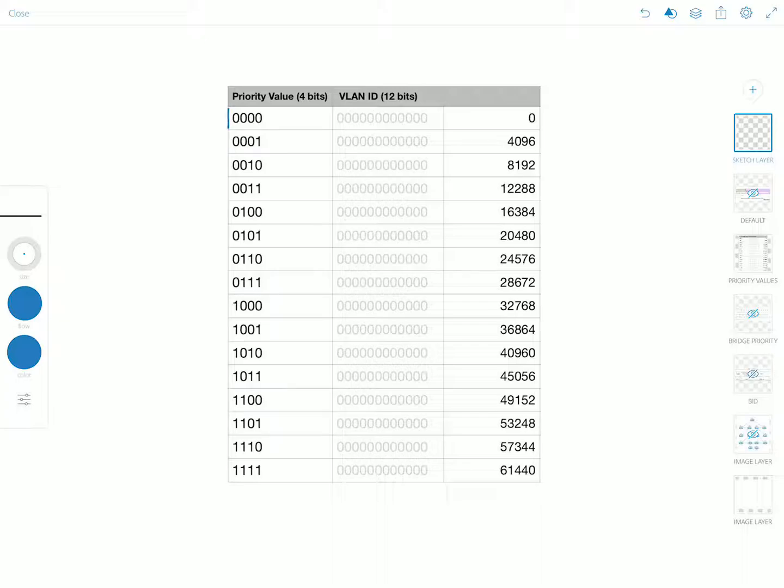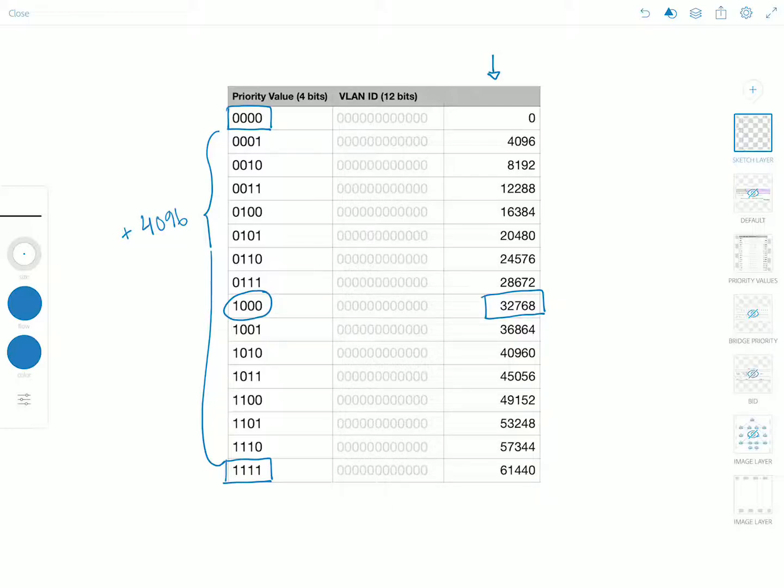So here you can see, of course, the lowest and highest values. And these are all the variations, incrementing by 4,096 each time. And this column holds the decimal value. So by default, the bridge priority is 32,768 right here. And you can see the bit pattern.